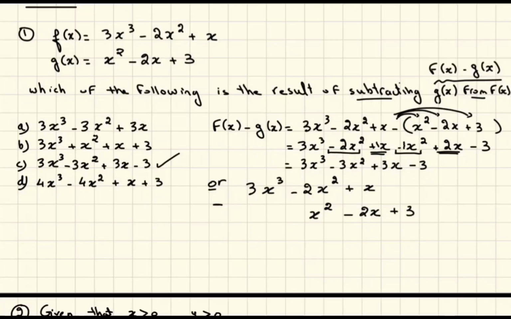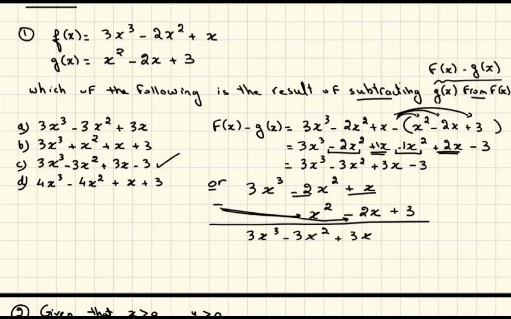Now I subtract 3x cubed, nothing under it, it stays the same. Now I need to pay attention to this. Minus 2x squared minus x squared will be negative 3x squared. We have plus x minus 2x, it means plus x plus 2x, because minus minus will change to plus, so we get plus 3x.